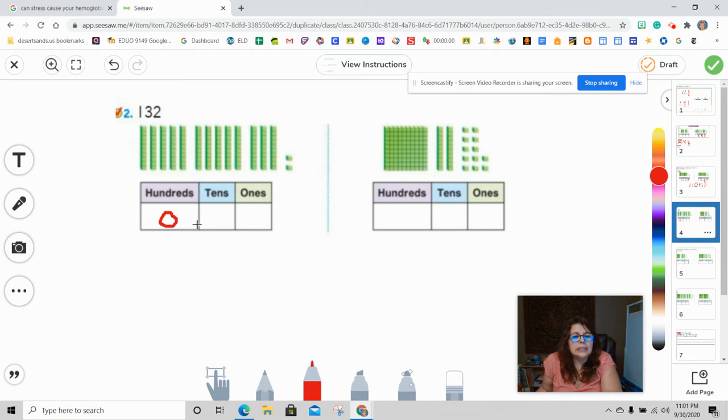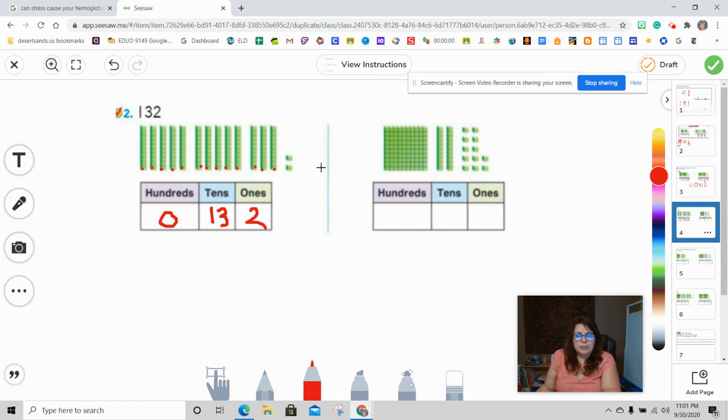So now how many tens do I have? 1, 2 tens, 3 tens, 4 tens, 5 tens, 6 tens, 7 tens, 8 tens, 9 tens, 10 tens, 11 tens, 12 tens, 13 tens. 13 tens. And then I have 2 ones.